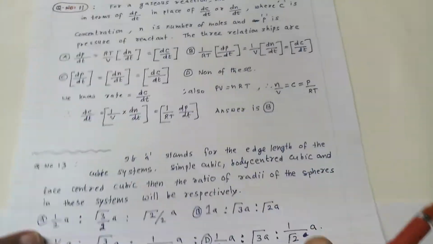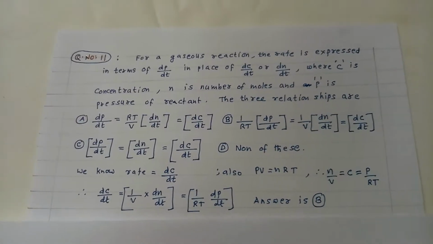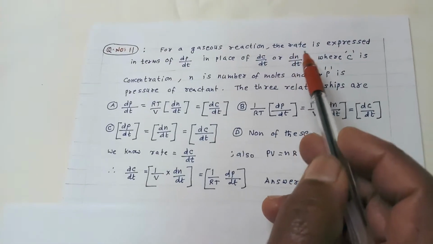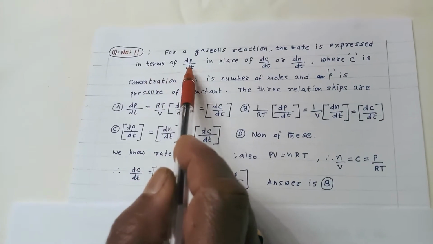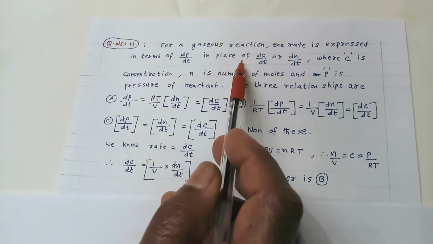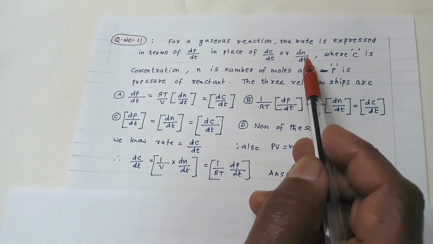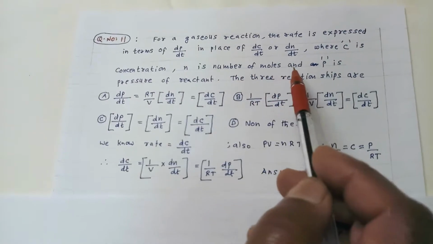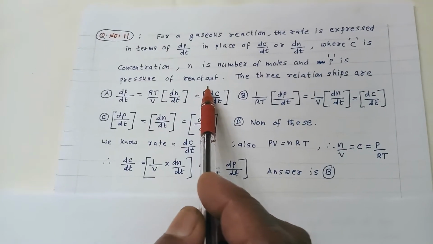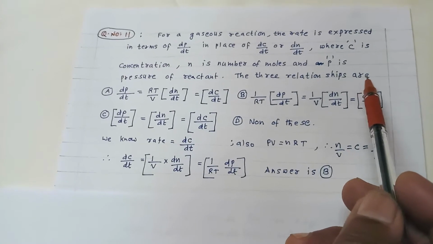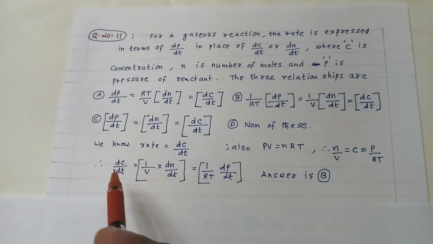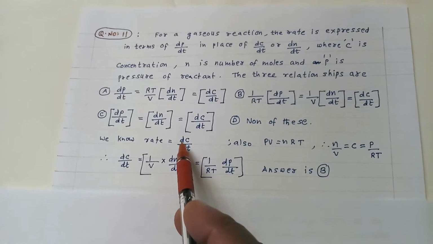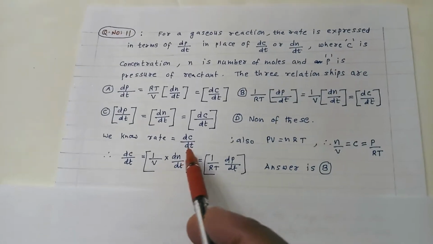Question number 11. This is actually a little tough question. For a gaseous reaction, the rate is expressed in terms of dP by dt in place of dC by dt or dn by dt, where C is concentration, n is the number of moles and P is the pressure of the reactant. We have to write down three relationships. Actually, we know the rate is equal to dC by dt, concentration with respect to time.